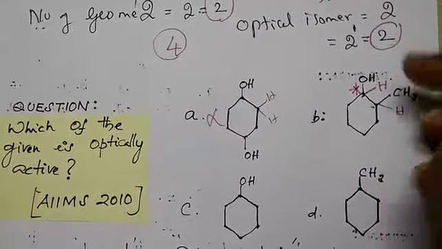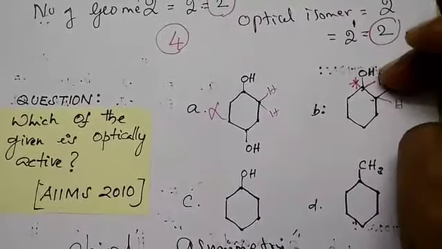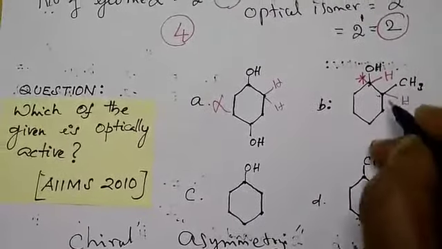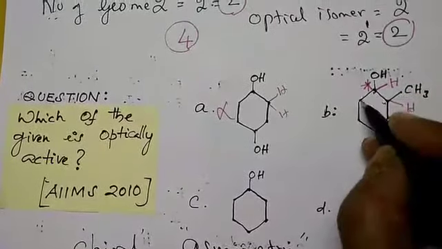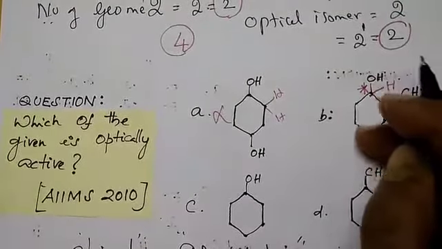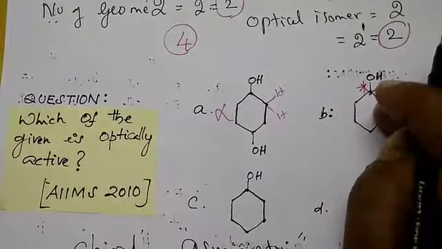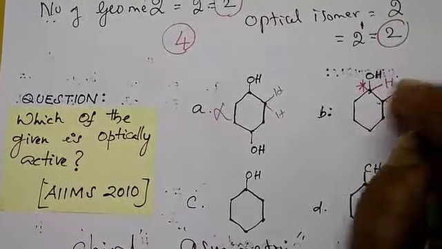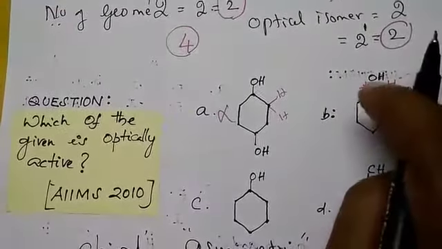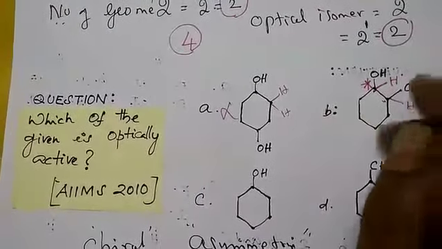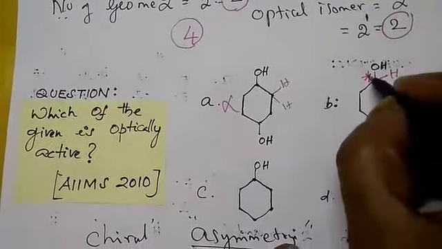Again, repeating: number 1 is OH, number 2 is hydrogen, number 3 is the carbon with the methyl substituent, and the other is a long CH2. Both are carbons, but you have to look at the groups they are followed by. The groups are different, so this carbon is asymmetric.